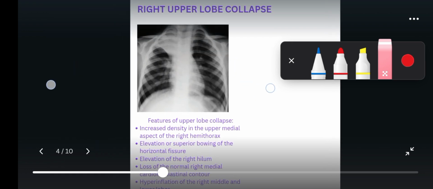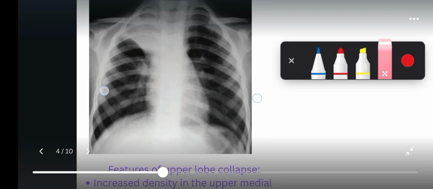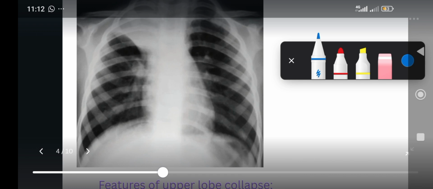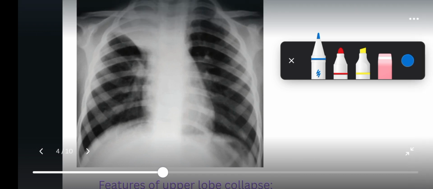So let's look at this image I place here. And so we see this area that is upper lobe collapse. We see that this part of the heart is not distinct, and we see the superior bowing of the horizontal fissure. So these are features of upper lobe collapse.